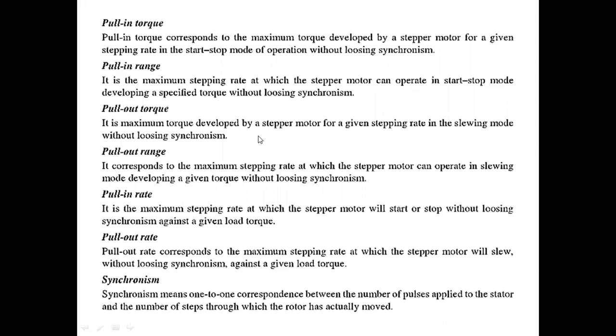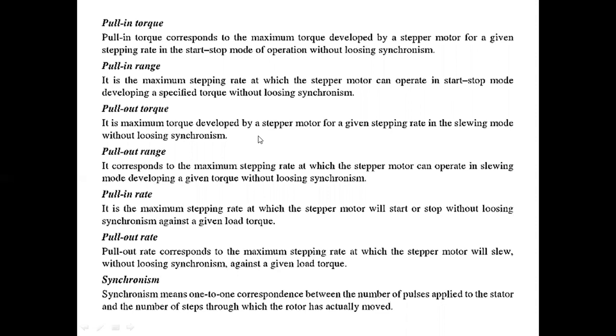Next one, synchronism. Synchronism means one-to-one correspondence between the number of pulses applied to the stator and the number of steps through which the rotor has actually moved. If you consider a three-phase motor, it is operated with how many switches? Six switches. If four-pole four-phase, it should be eight switches.